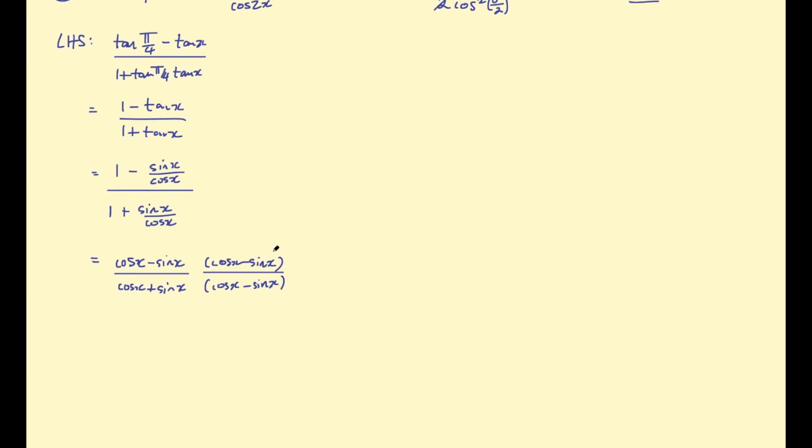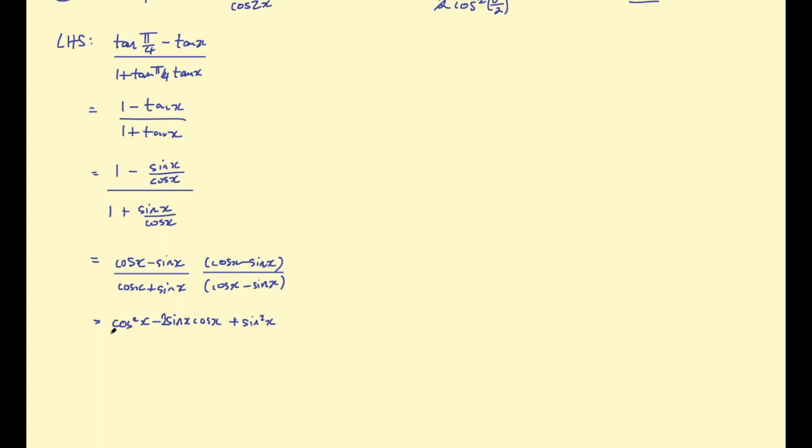So if we expand out these brackets then, in the numerator, we're going to have cosine squared x take sine x cosine x take, well, that's going to be 2 lots of sine x cosine x, and then plus sine squared x.